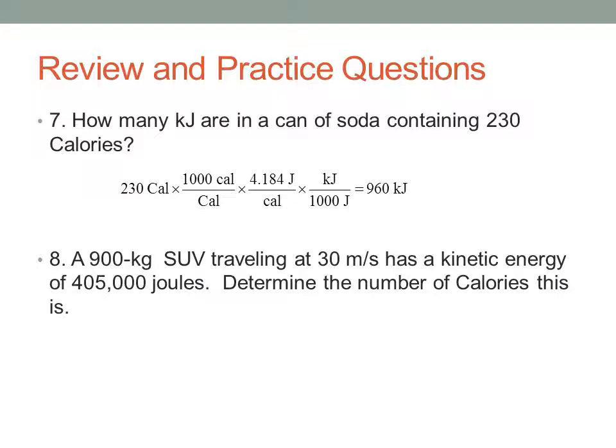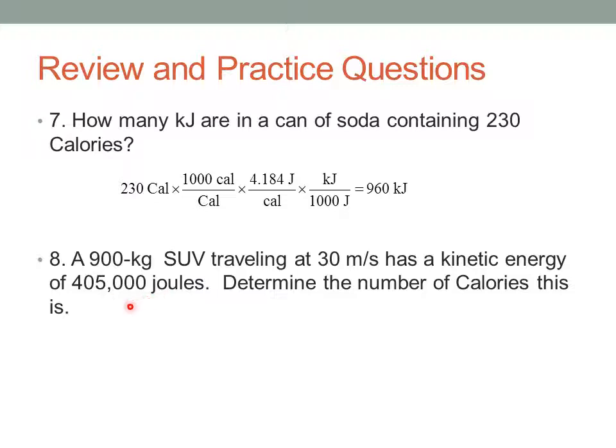Question 8. A 900 kilogram SUV traveling at 30 meters per second has a kinetic energy of 405,000 joules. We were asked to determine the number of calories that this energy is. So this first information, the 900 kilogram SUV and the 30 meters per second, is really not of any importance to us. It's just informational to let us know how we would get this 405,000.